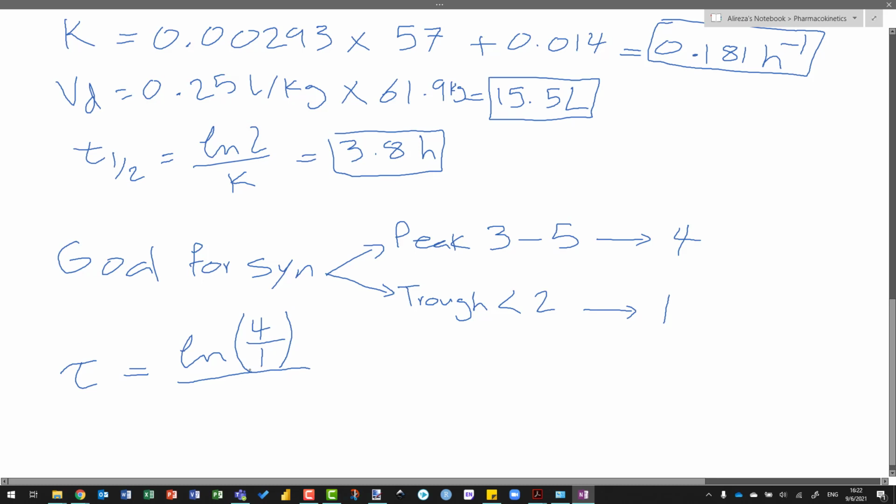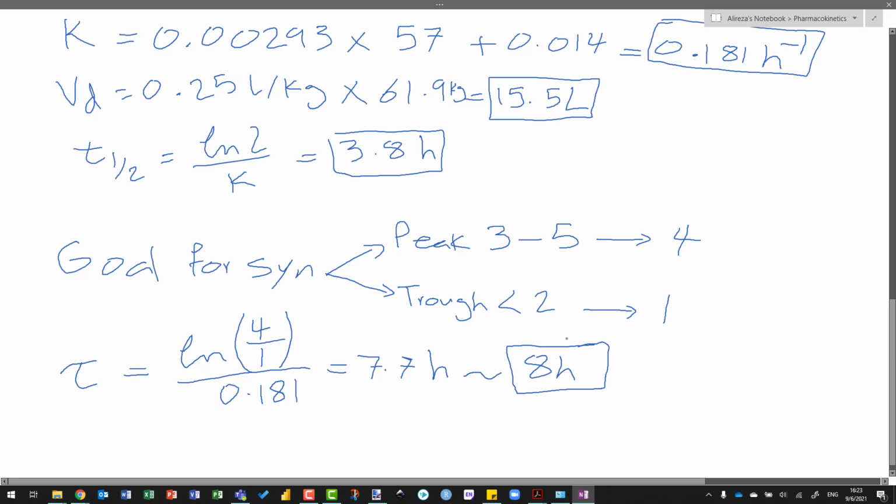In the denominator you put K, which is 0.181 in this case, and this will give you 7.7 hours. Okay, now with the tau you do want to round it to numbers that clinically make sense. So in this case it's every 8 hours.